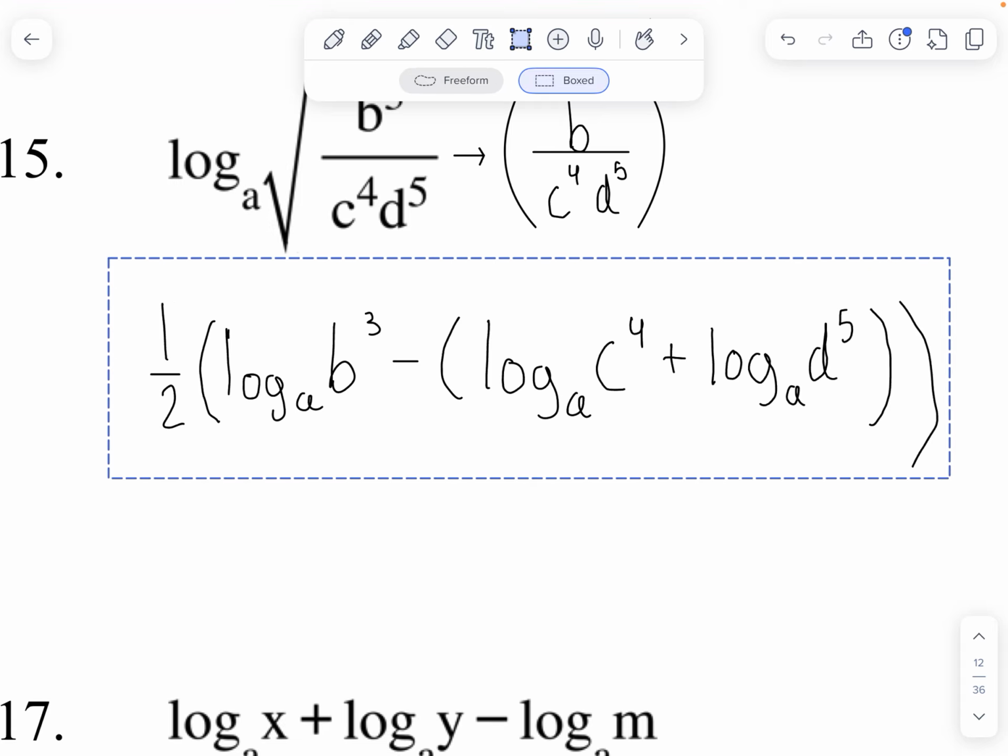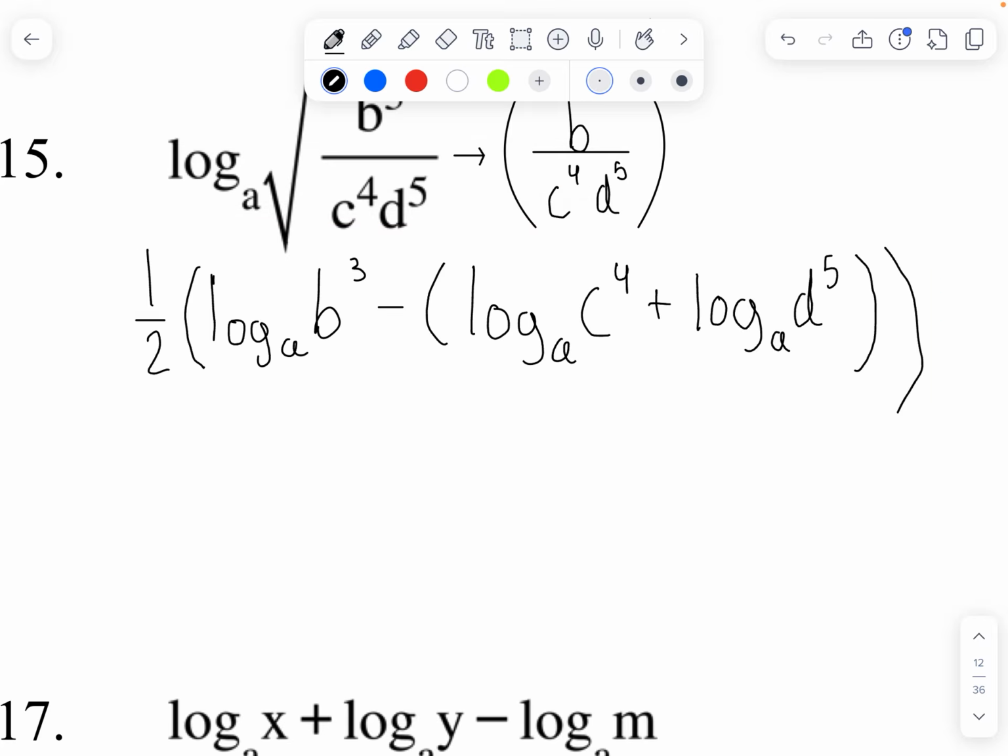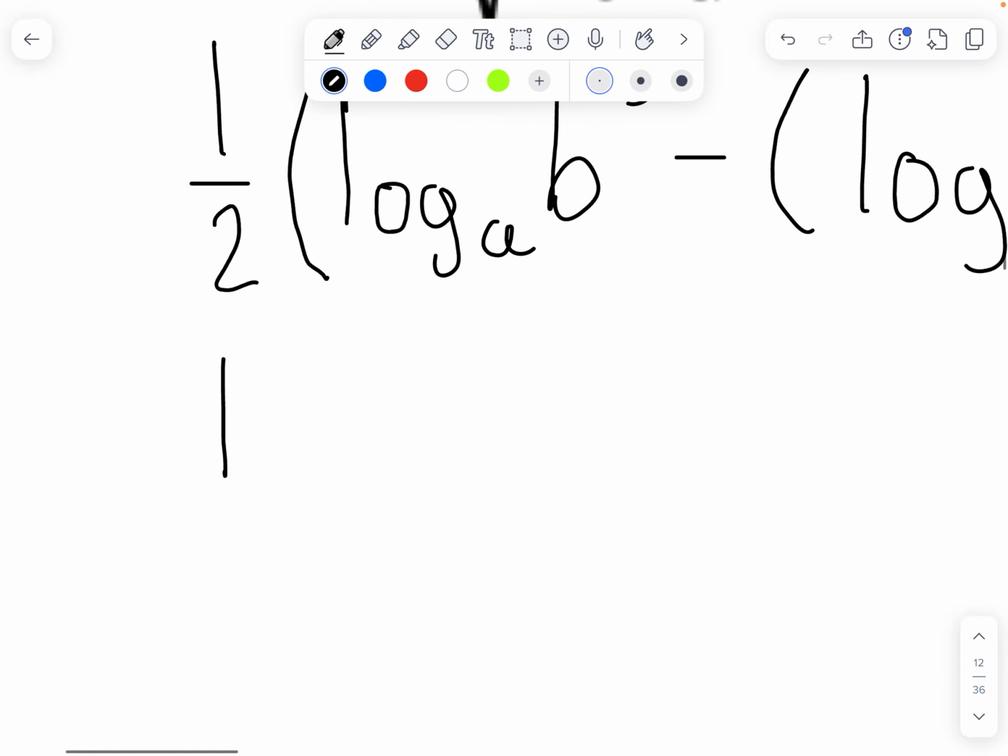Okay, time for the second step. Now we have to simplify the inside even more.